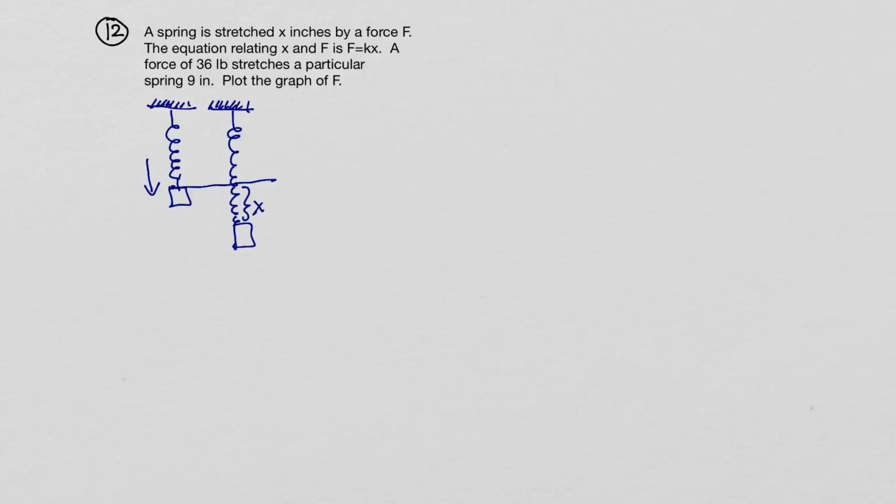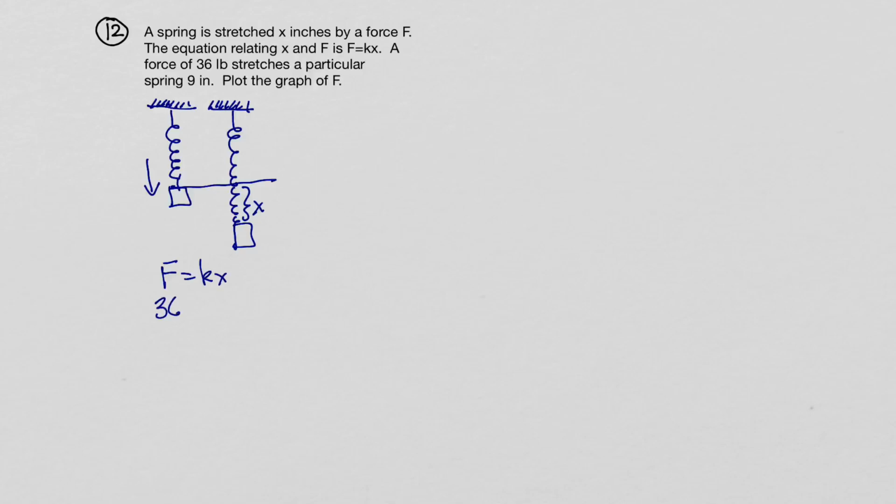this far, x inches. Now what we know is that if we apply a force of 36 pounds, it gets stretched 9 inches. So the F here is 36, and the X here is 9. Let's put those numbers in. Here's our equation: F equals Kx.